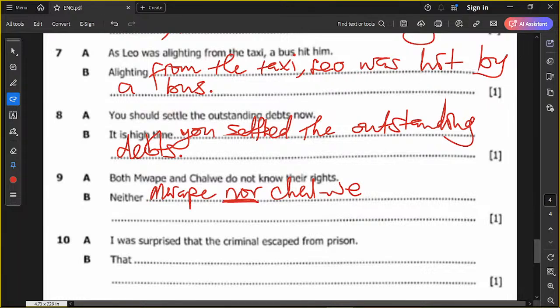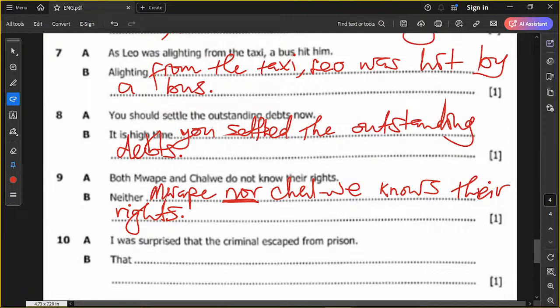So neither Moape nor Chalwe knows their rights. Okay, meaning both of these people mentioned do not know their rights.